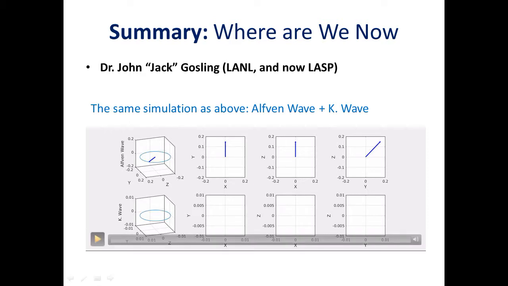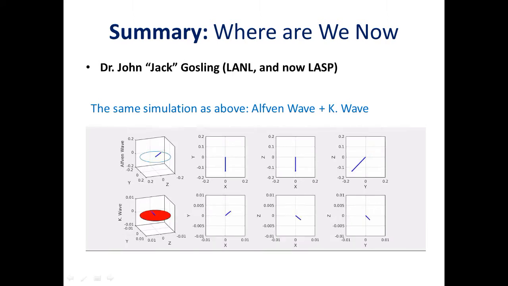And now I'm running this simulation. I'm starting with an initial Alfvén wave, and I have the velocity shear in the system. You can see that the first row shows the pure Alfvén wave, everything as expected. The second row shows the Kagashvili wave fluctuations, and you could see the pulsation. The wave vector comes out of the plane, goes inside the plane, and you could see how different those characteristics are.